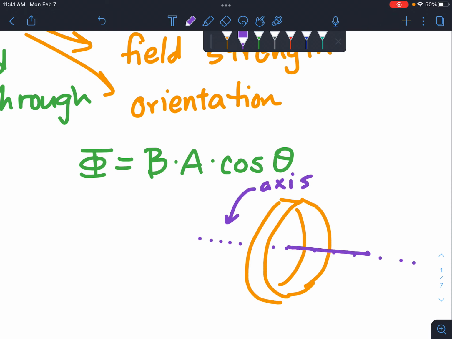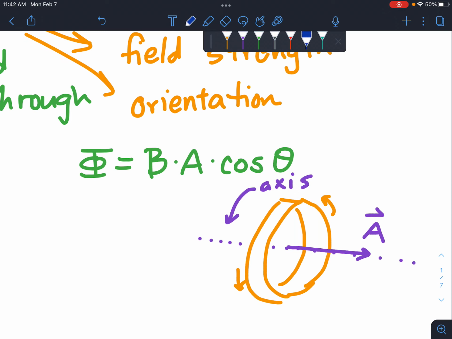And then imagine an area vector that is along that axis and pointing out according to the right-hand rule. And so if I were to curl my right hand around this axis, my thumb points to the right. So if I wrap my fingers around it that way, my thumb points sort of off diagonally to the right.